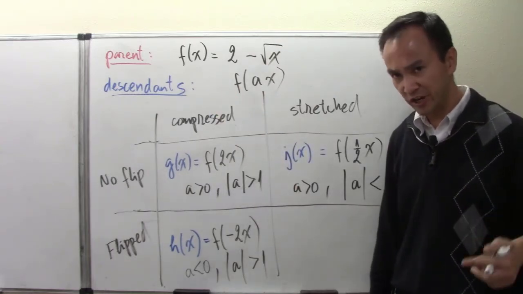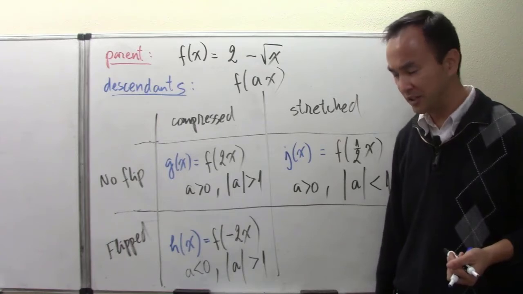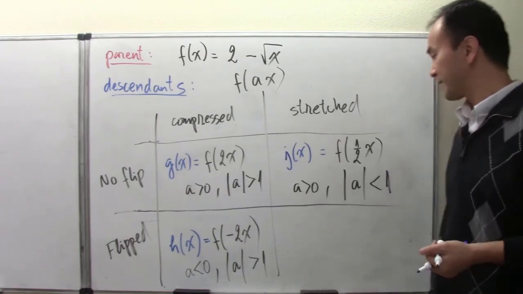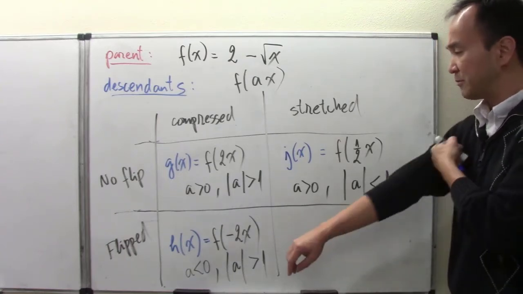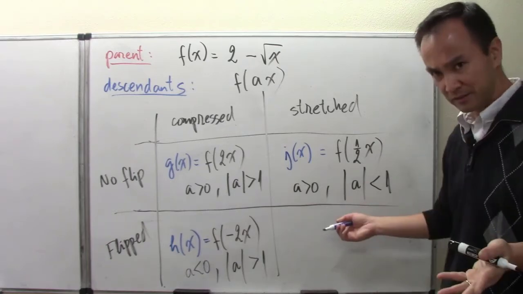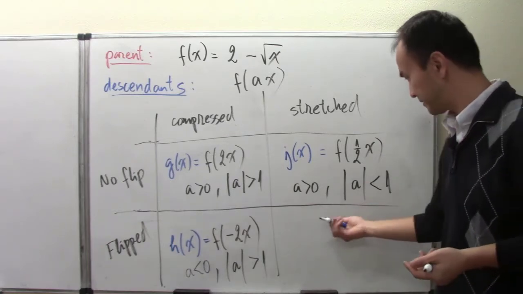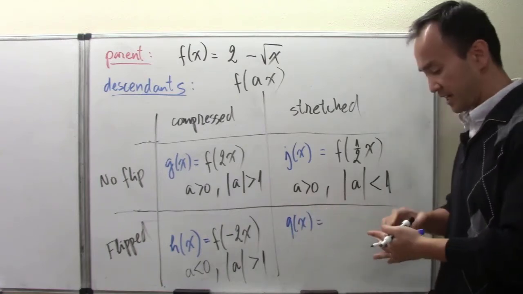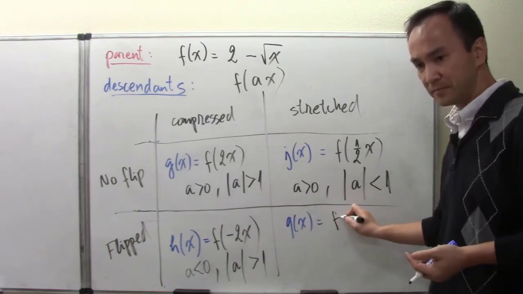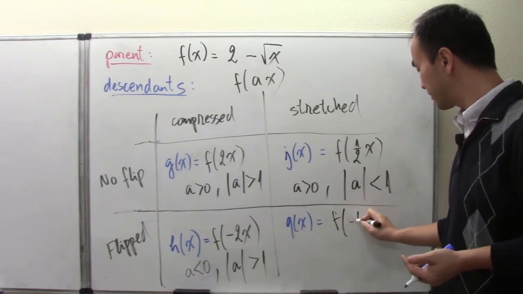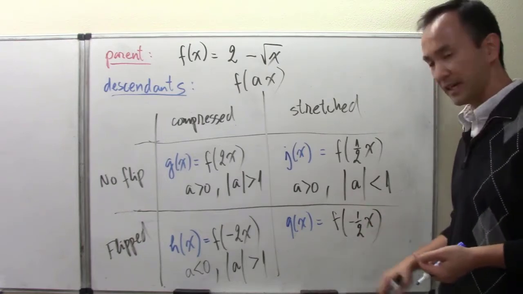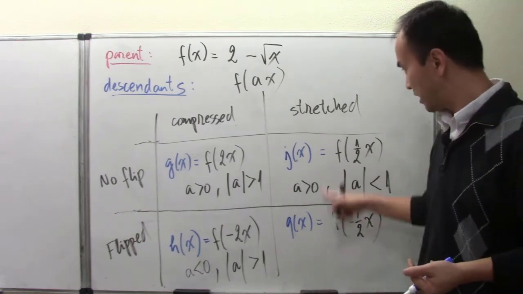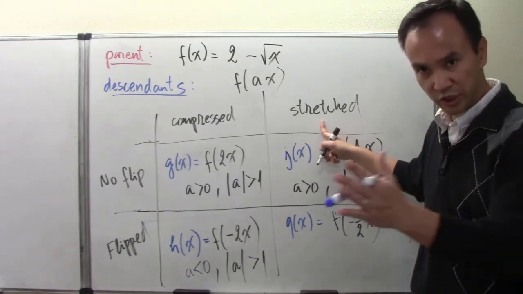Furthermore, the last one in our investigations was q of x, defined as f of negative 1/2 x. And this one, yes, we just saw there was a stretch.